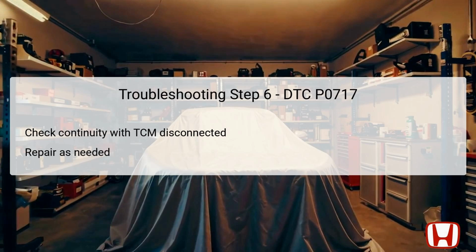This includes checking for any authorized service information relevant to DTCs or symptoms being observed, or substituting a known good TCM for testing. If replacing the TCM resolves the issue, the original TCM should be replaced. If continuity is absent, it indicates an open circuit in the NT wire that must be repaired promptly.